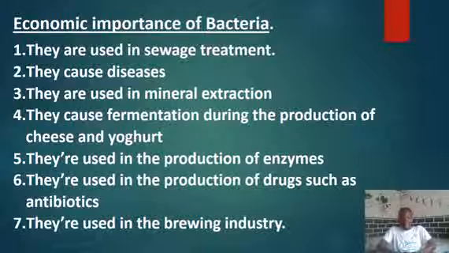Then number 6 is that they are used in the production of drugs such as antibiotics. So let's take note of this one. Lastly, they are used in the brewery industry because of their anaerobic activities. They are used in the brewery industries for alcoholic fermentation so as to produce alcohol for alcoholic beverages. So these are some economic importance of bacteria.